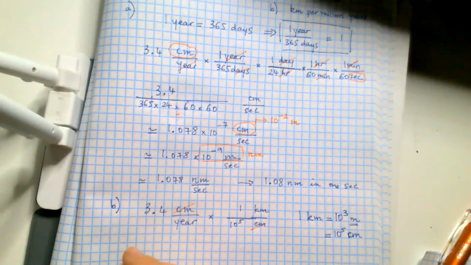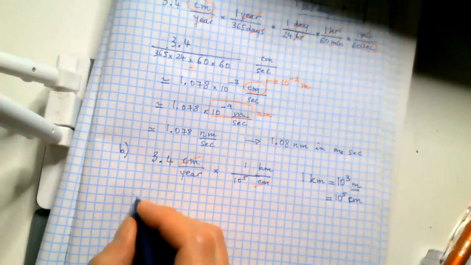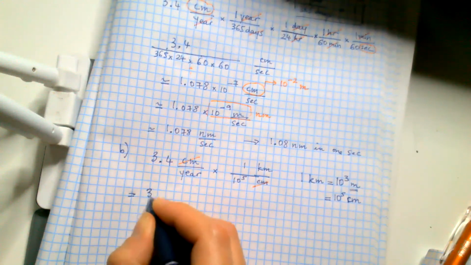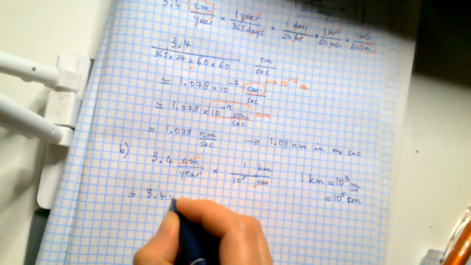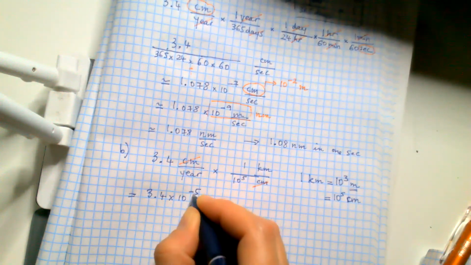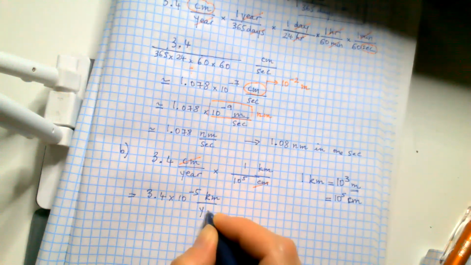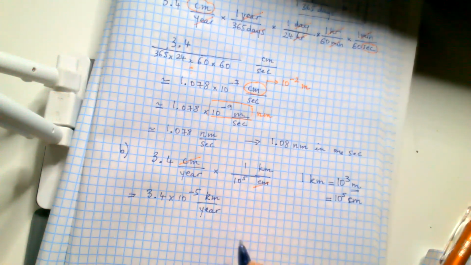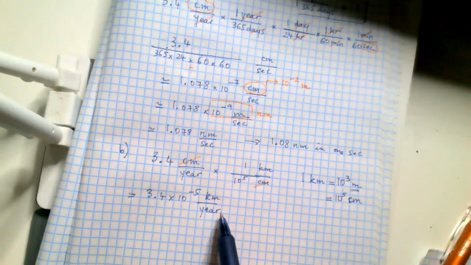So that's going to be equal to 3.4 times 10 to the negative 5 kilometers per year. Okay, so now we were asked per million years.